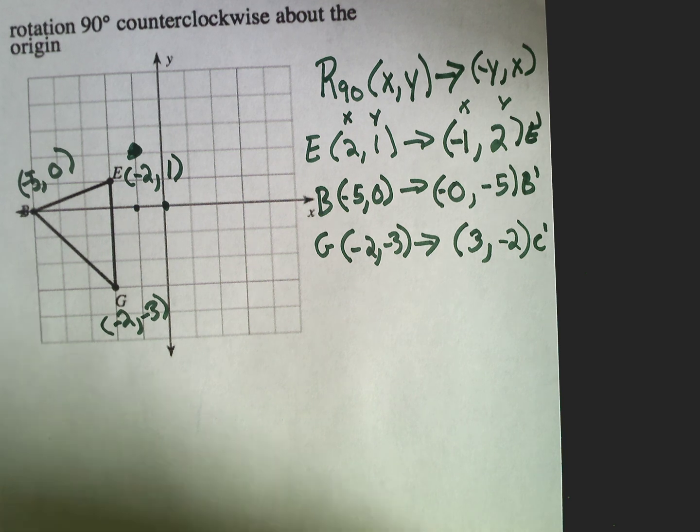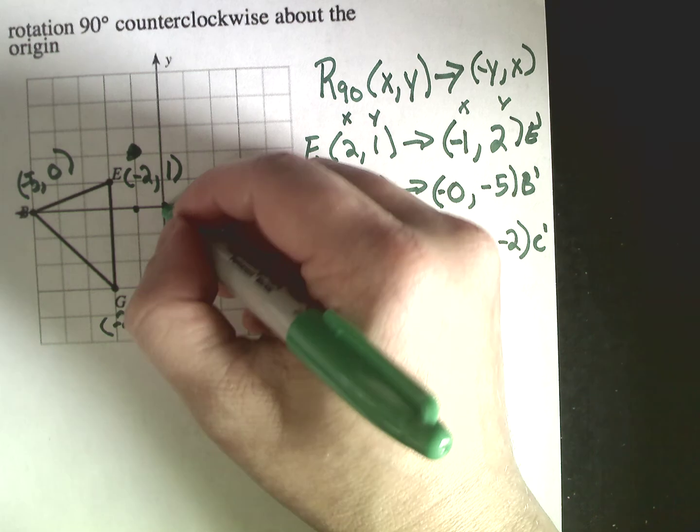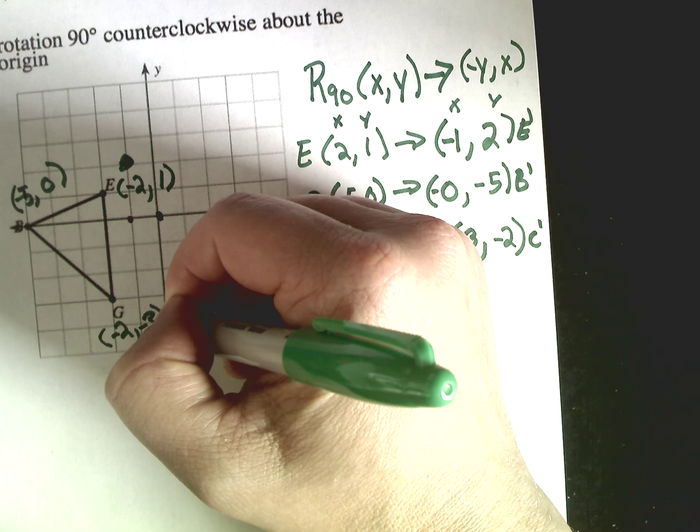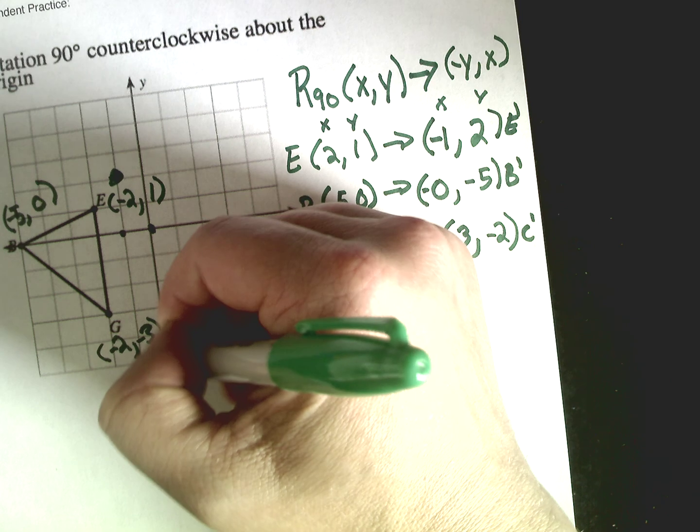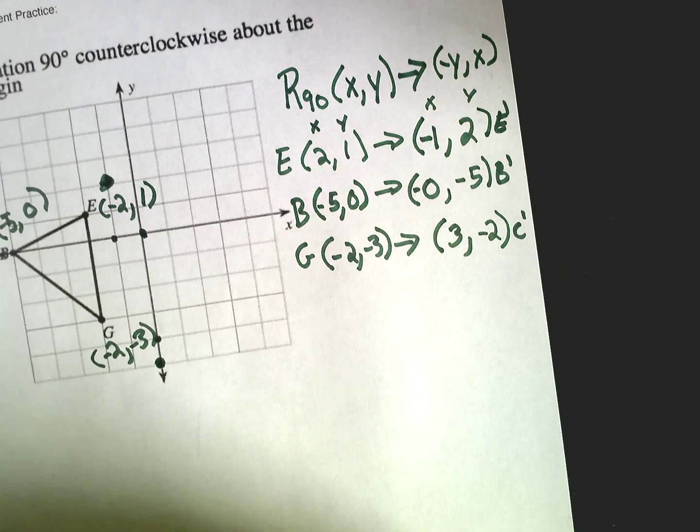Now, next one. I feel I'm doing something wrong. 0, -5. What did I do wrong here?